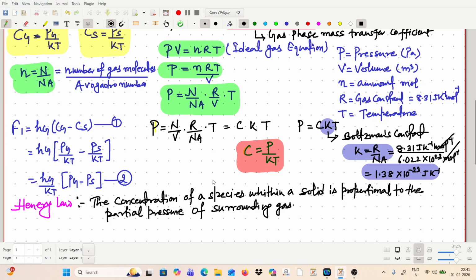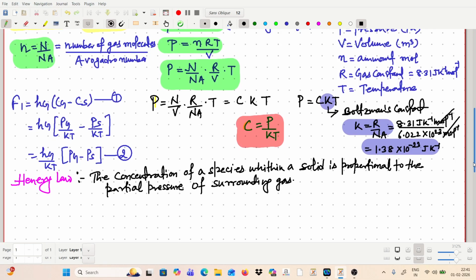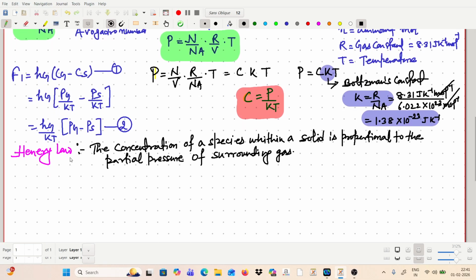Actually, we are going to simplify this equation in terms of concentration: C star, C naught, Ci only. So this can be written as the equilibrium concentration, C star, is some proportionality constant H times Pg, and the other one, C naught, can be written as H times Ps, the partial pressure at the surface.